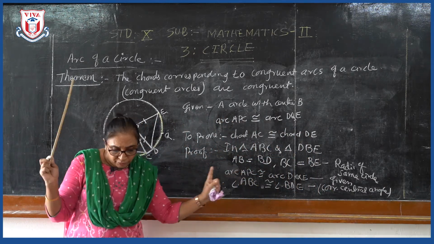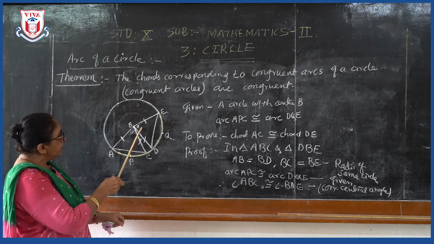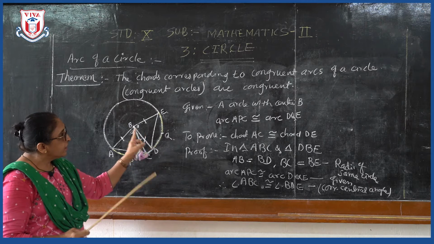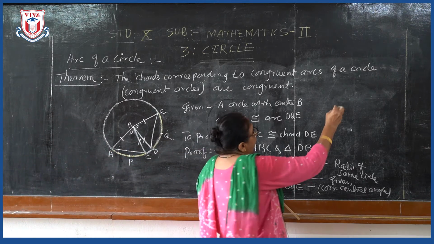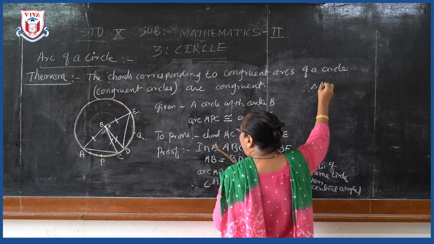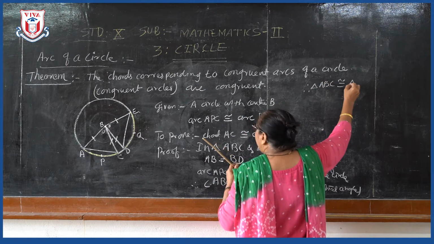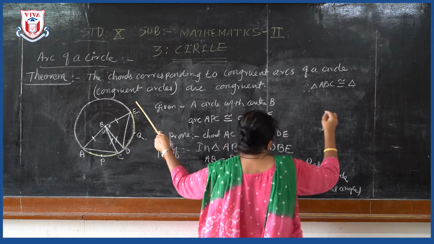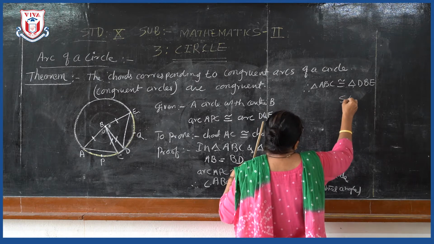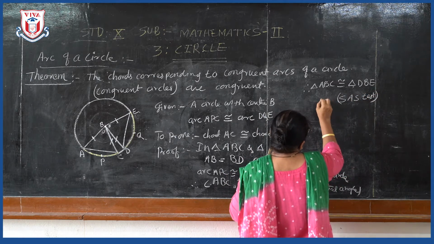Now once this information is proved, you can prove these two triangles are congruent by the side angle side test. Therefore, here I am writing triangle ABC is congruent to triangle DBE, and the side angle side test is the reason for this.